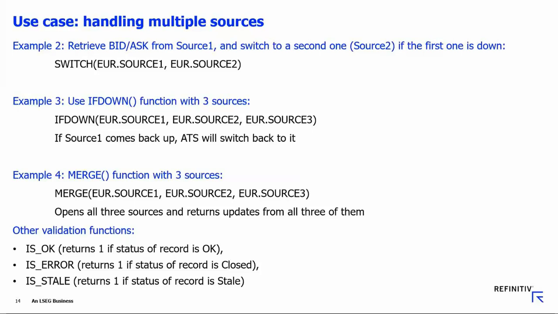The sequence of source and calculation is 1, 2, 3, respectively. In example 4, the merge function opens all specified sources at the same time and returns results from all sources. Other validation functions include is okay, is error, is stale, which returns 1 if the status of the record is either okay, closed, or stale. Otherwise, it is 0 for all. Again, more information on the functions can be found in the ATS third-party integration guide on Refinitiv as well. Next slide, please.